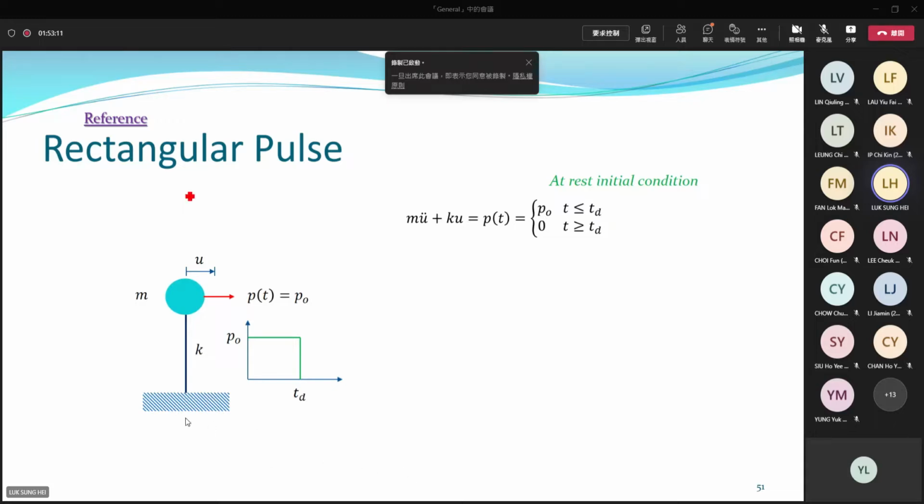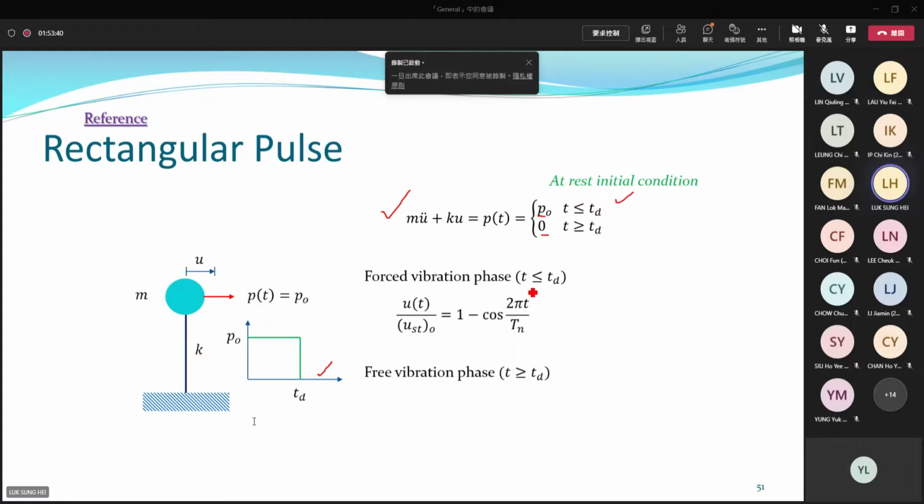Rectangular pulse, if you like, you may solve it mathematically. Here I show you the equations. If you're good in math, you can solve this equation. For this kind of rectangular pulse, you have to divide the loading into two time domains. For time smaller than Td, you have a force. For time beyond Td, you have no force. So when you solve it, you have to divide your equation into two scenarios to solve it, with force and without force.